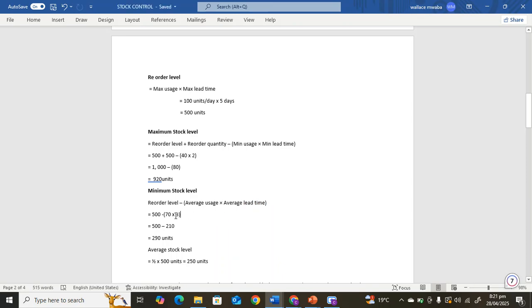Average lead time, 3 days. 70 times 3 is 210. 500 minus 210 is 290. So the minimum amount of nails that we must have in our shop is 290 nails. That's the minimum level. Any questions?